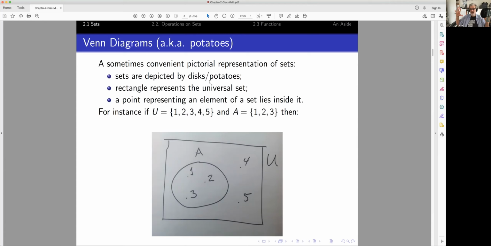The universal set would be represented by a rectangle containing everything, right? And elements of sets are represented by points. If they're inside the potato, it means it's an element of that set. And if the point is outside the potato, it means it's not an element of that set. Okay, so here's a very simple example. There are tons of jokes on the web using Venn diagrams.